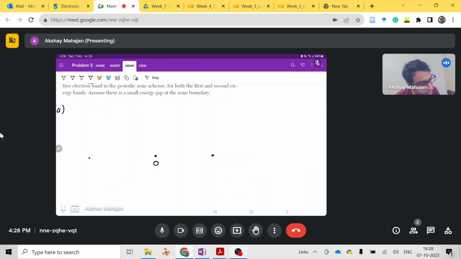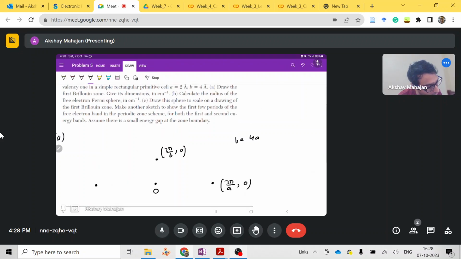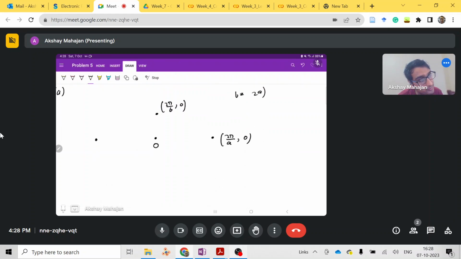I just have to draw the first Brillouin zone. So I will draw it again like this. This point will be 2 pi by a comma 0, and this will be 2 pi by b comma 0, and b is equal to 4 angstrom, which is 2 times a.